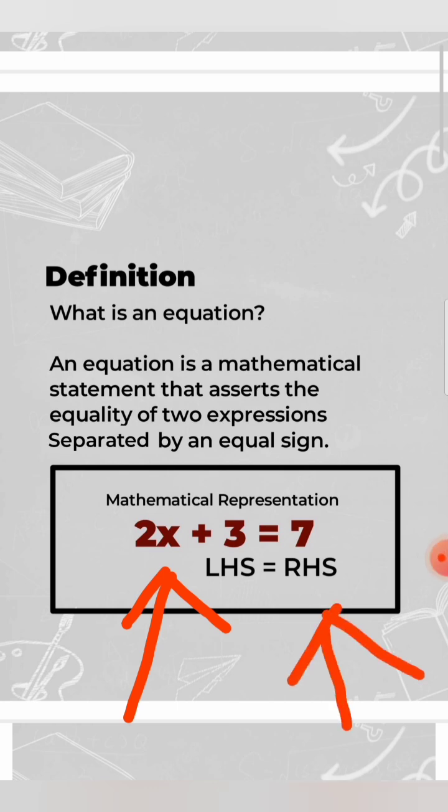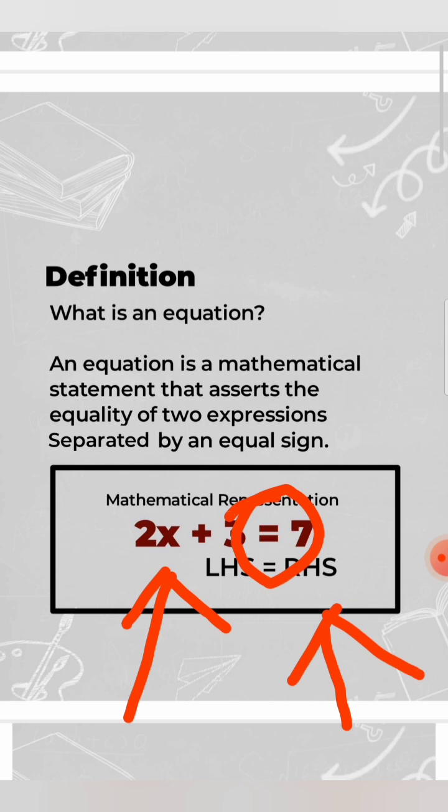And the aim of an equation is to make sure that the left hand side is also equal to the right hand side. And that was one of the definitions we said: an equation is a mathematical statement that asserts the equality of two expressions, and those expressions are separated by an equal sign, and here is the sign.